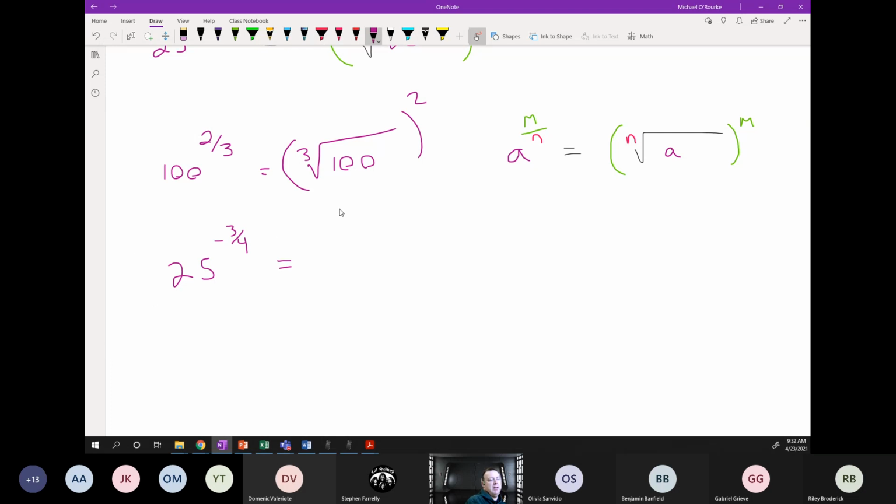Let's move this into this form, but this negative, let's keep with the 3. So this is going to look like 25, 4 to the negative 3. Do I like negative exponents? Yes or no?